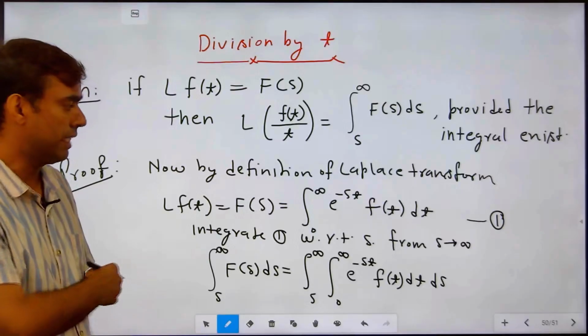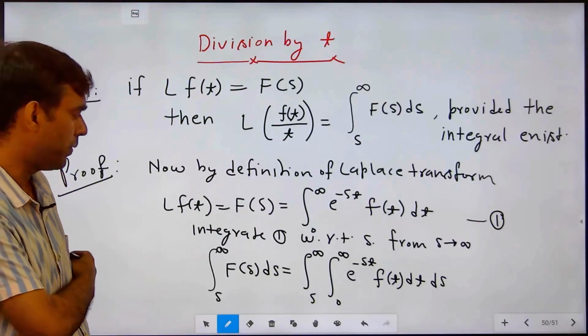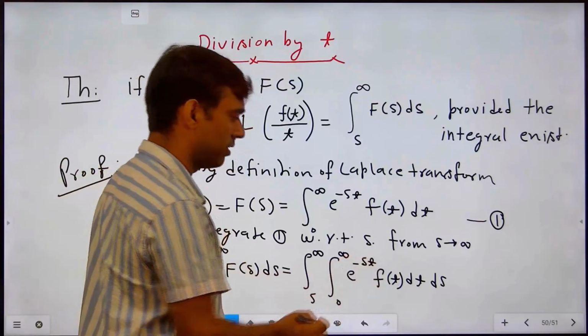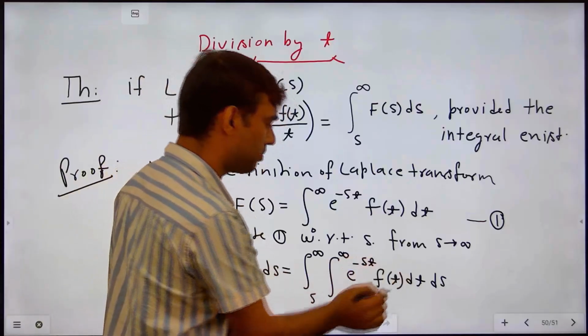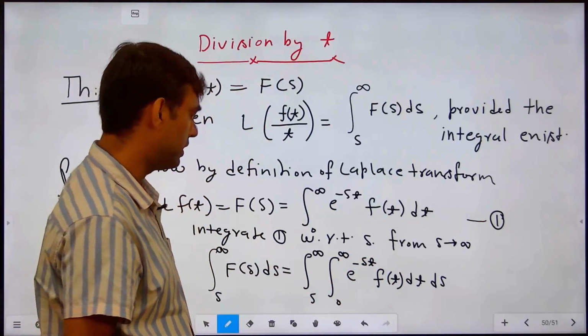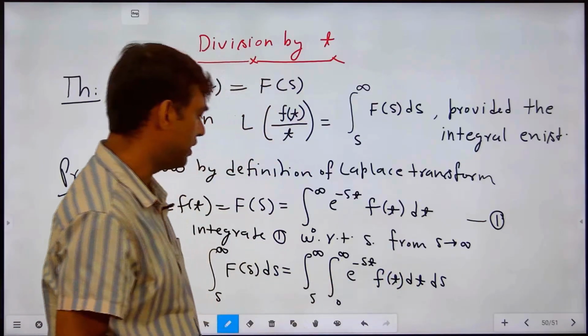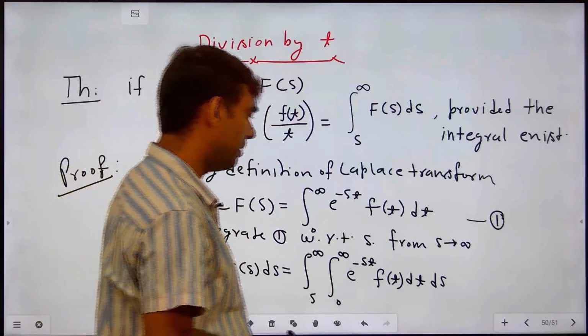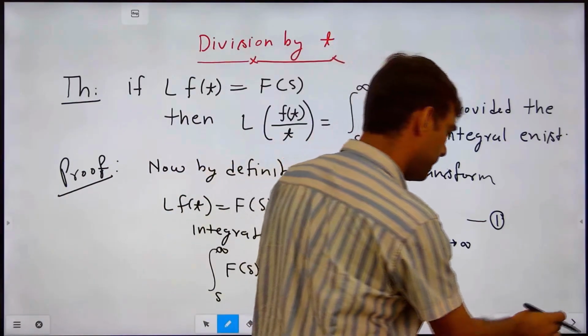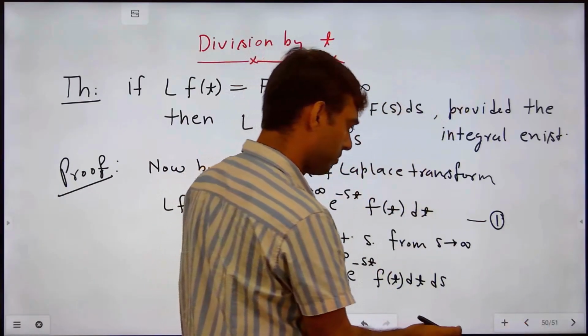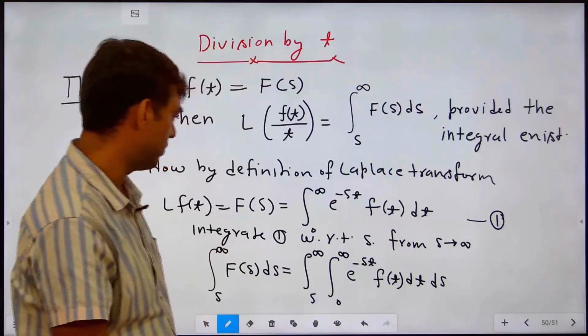Since s and t are independent, we may change the order of integration. So here we first integrate with respect to s, then with respect to t, without any modification.